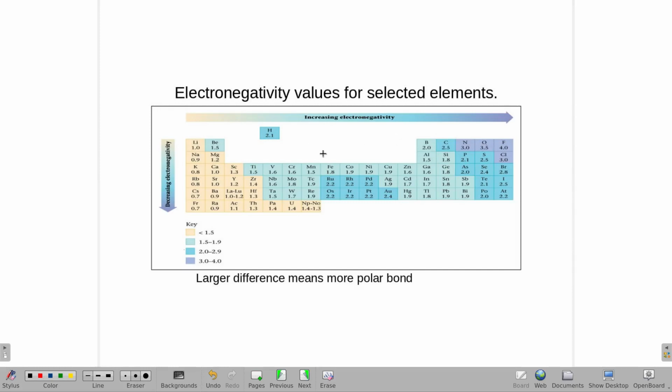Now once it gets up to about 1.8, you have an actual ionic bond. And what's interesting, even though HF is definitely a covalent bond, that difference being 1.9 helps explain why HF has some ionic type properties to it. It has almost ion forming properties. But it's still a covalent bond. This large difference just tells us that the molecule is very polar.